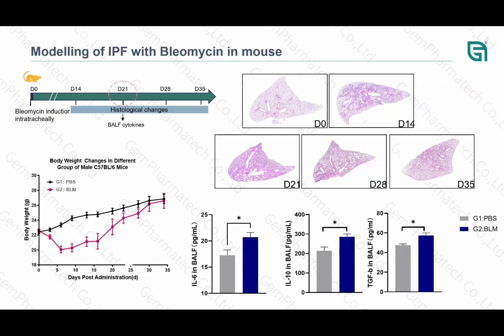For the model's establishment, we administer bleomycin instillation on day 0, and we continuously monitor the mice body weight throughout the process and collect the lung tissue for pathological analysis at different time points, as you can see in the slide. And additionally, on day 21, we also collect the BALF from some mice to detect the inflammatory factors, which help us to confirm the occurrence of the pulmonary inflammation and fibrosis.